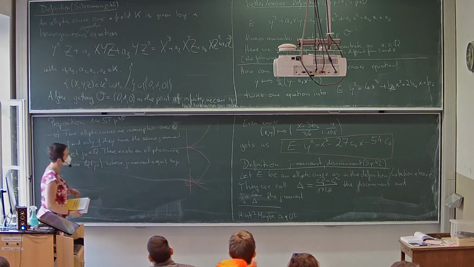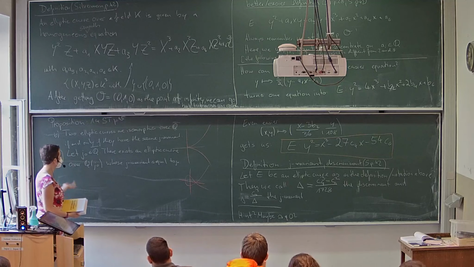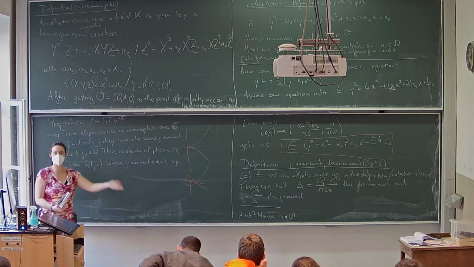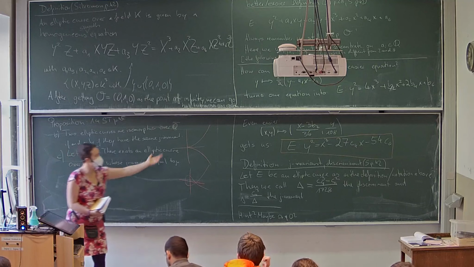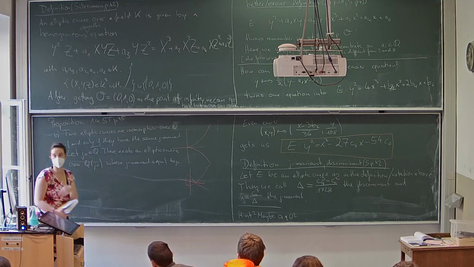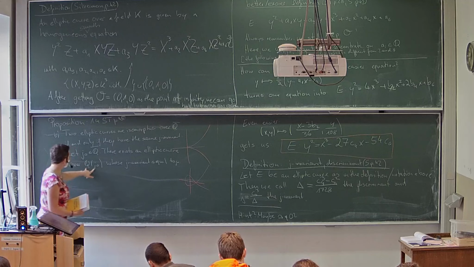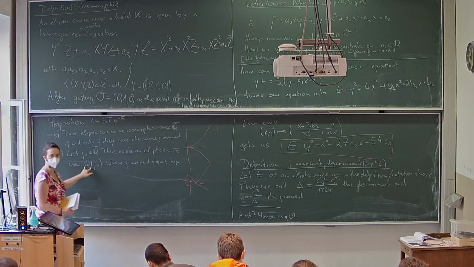Basically, it says it's a one-to-one correspondence. Of course, every elliptic curve has a J invariant because we just defined how we can compute it, but every J invariant has an elliptic curve. I think everyone probably knows what that means.